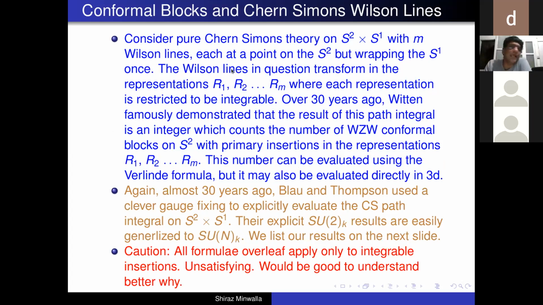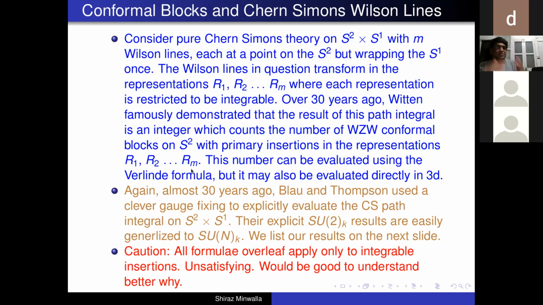Now, consider a pure Chern-Simons theory on S2 times S1 with M Wilson lines, each at a single point on the S2 and wrapping the S1. Let the Wilson lines be in representations R1, R2 up to Rm, where each of these representations is restricted to be integrable. Over 30 years ago, Witten famously demonstrated that the result of this path integral is an integer which counts the number of Wess-Zumino-Witten conformal blocks on S2 with primary insertions in the representations R1, R2 up to Rm.